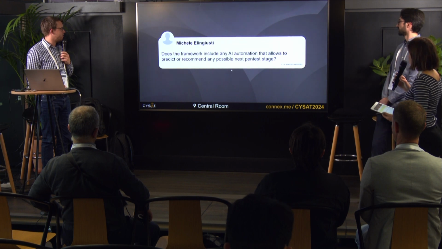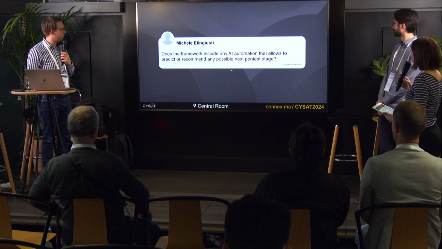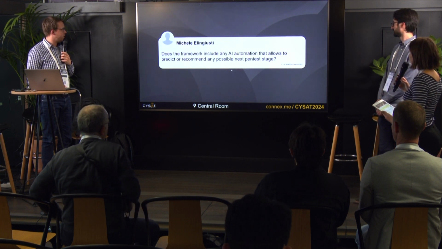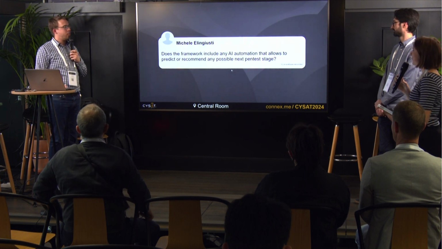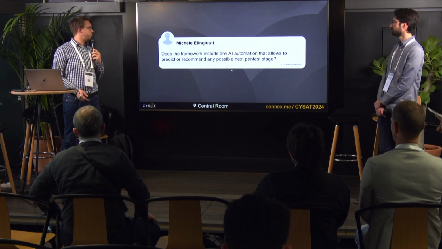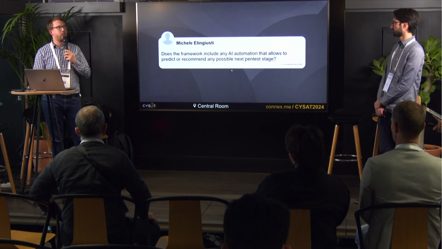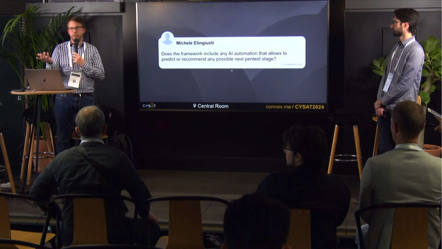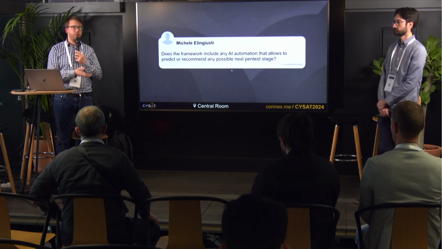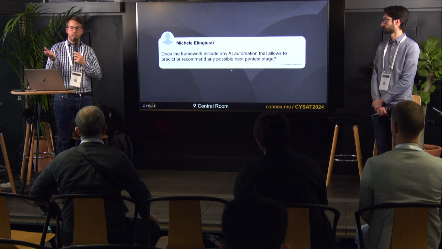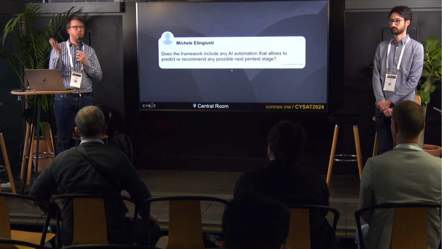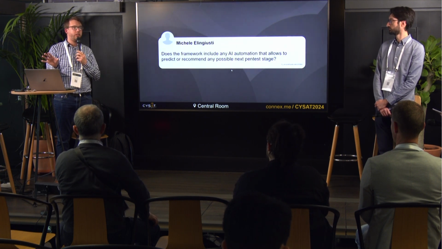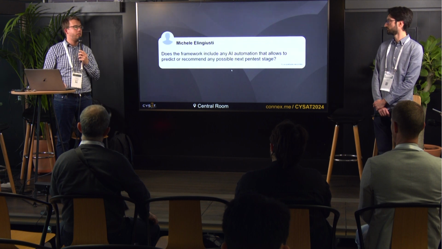Does the framework include any AI automation that allows to predict or recommend any possible next pen test stage? No, we don't do the AI part, but we have the full API. So you have full access through the API, and you could very easily implement that. That would actually be the exact thing you would do, analyzing the results and deciding which next scenario would be a good task for AI.